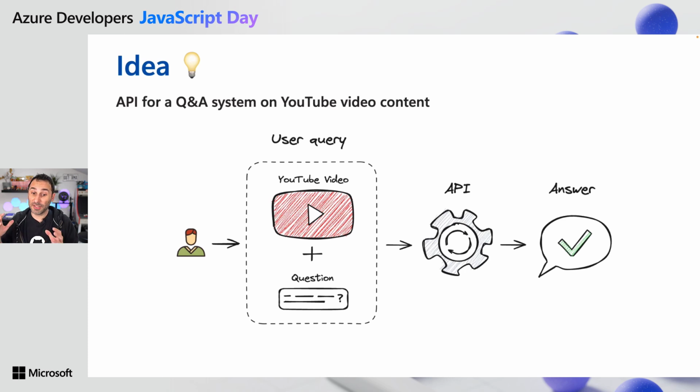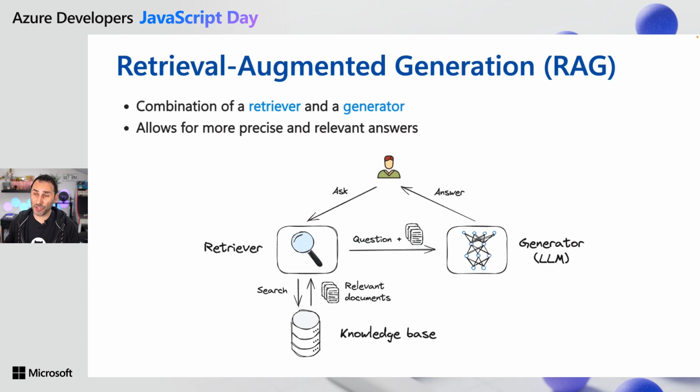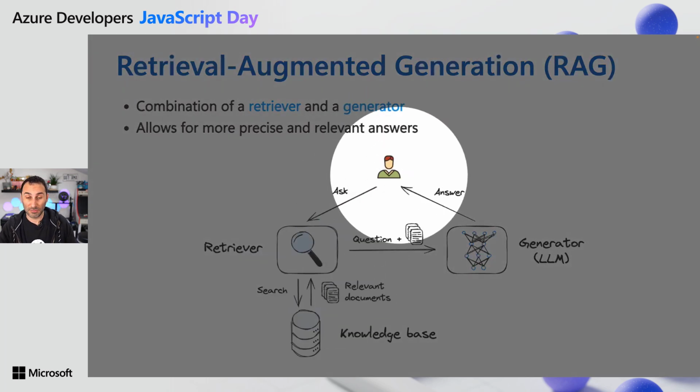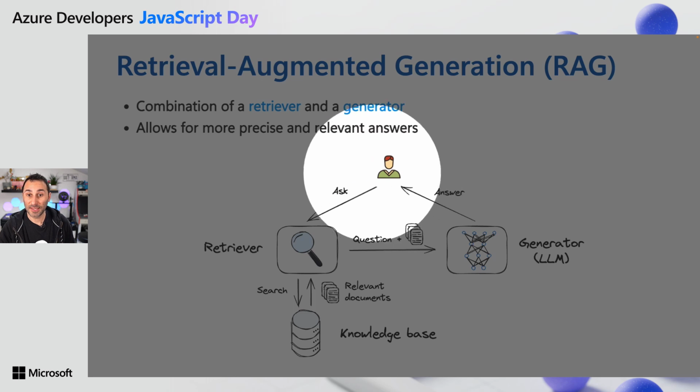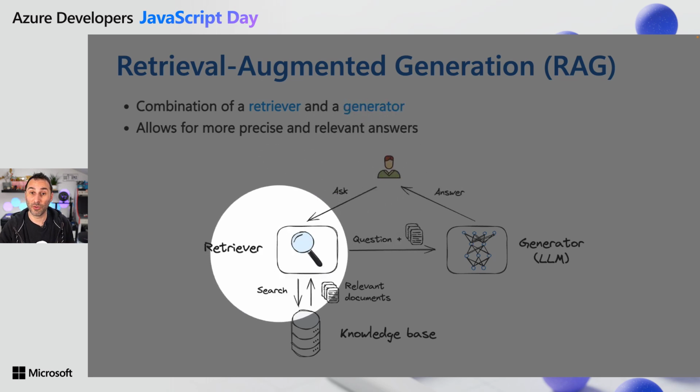To implement this, we'll use an approach called Retrieval-Augmented Generation, or RAG for short. RAG is a combination of two components, a retriever and a generator. It works like this. You have your user, and they're asking a question. The first thing is to pass the question to the retriever component.